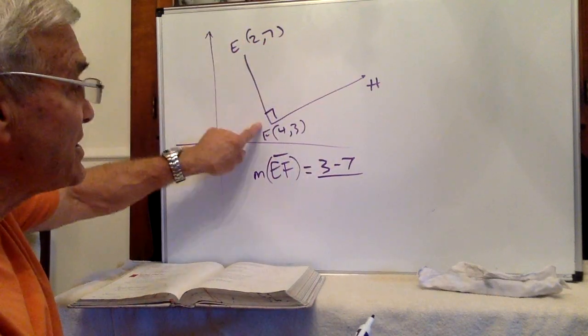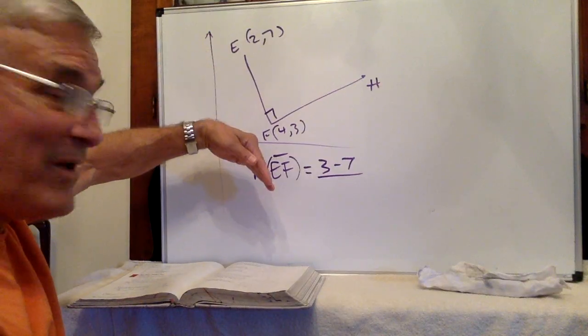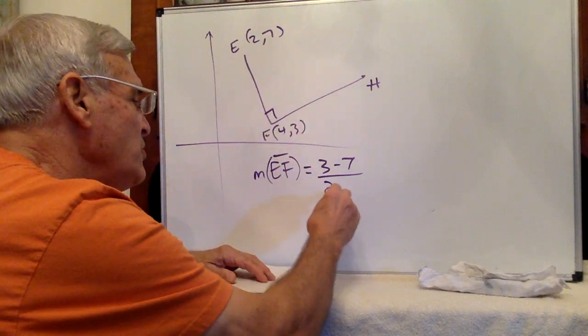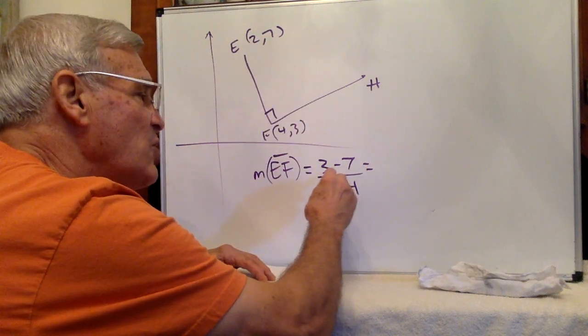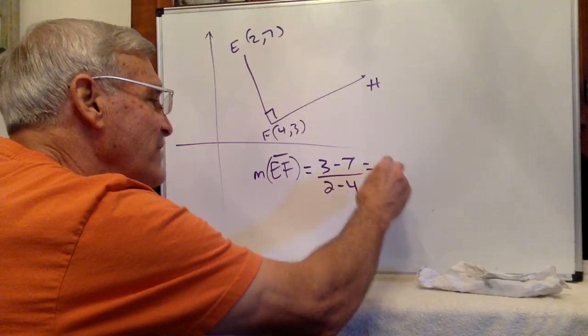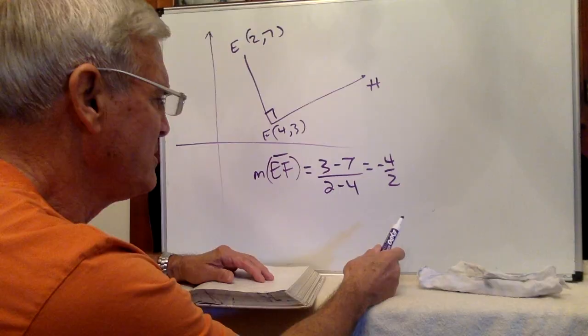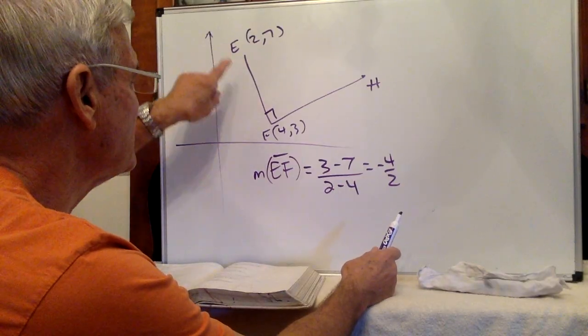And this line's going down from left to right. I better get a negative number. 3 minus 7 over 2 minus 4. So the slope is negative 4 halves. Negative 3 minus 7.